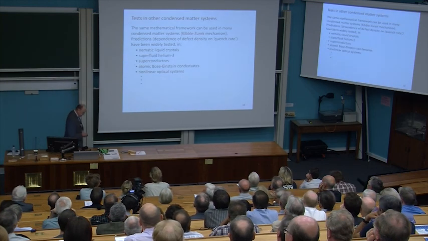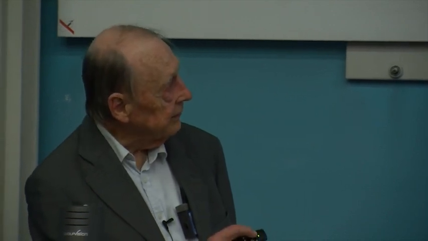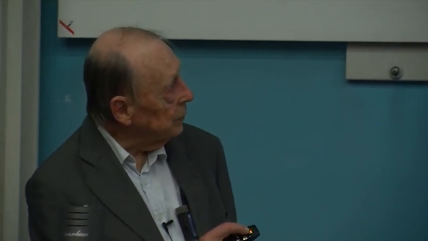And you can have similar tests in lots of other theories. The key thing that we're testing here is a dependence of the number of defects formed, the rate of defect formation, on the rate at which the system goes through the transition, what's called the quench rate.